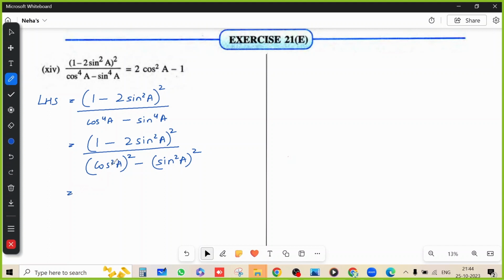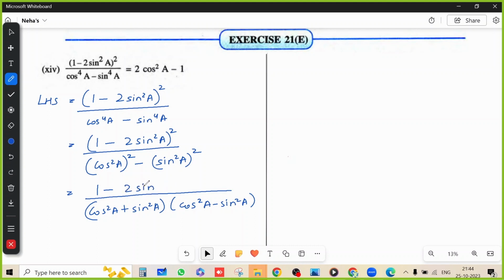Now this has become a formula of A square minus B square, which is equal to A plus B into A minus B. So we will expand it. So this will become cos square A plus sine square A into cos square A minus sine square A, and the numerator will be as it is for now.